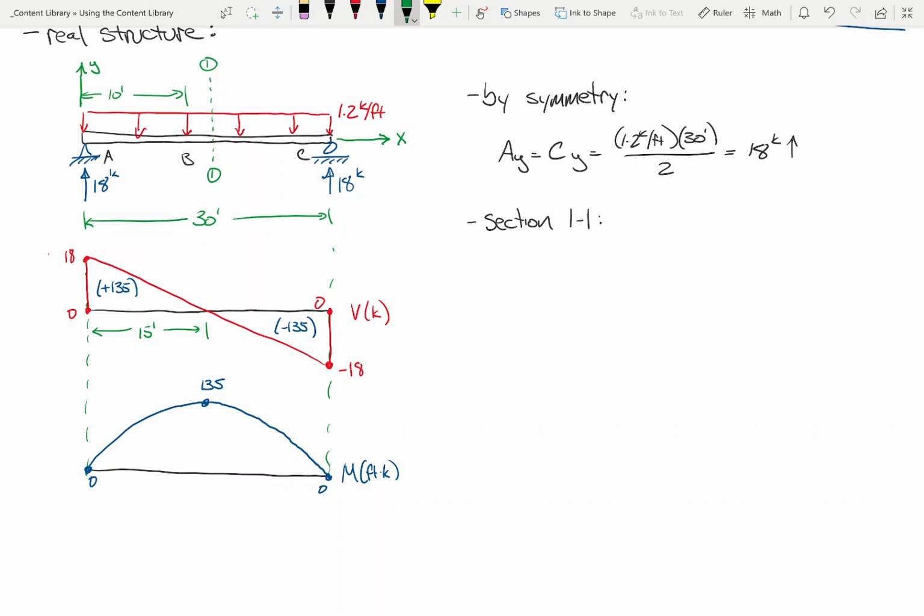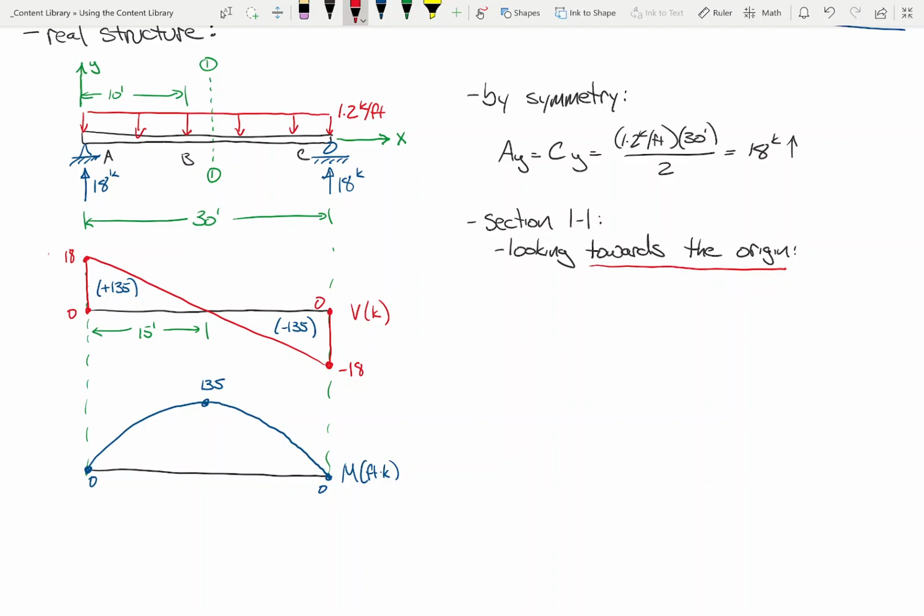Okay? Now, up until now, what I would say is looking left or looking right. I'm going to state this a little differently. What I'm going to do is I'm going to say section 1-1, looking towards the origin.